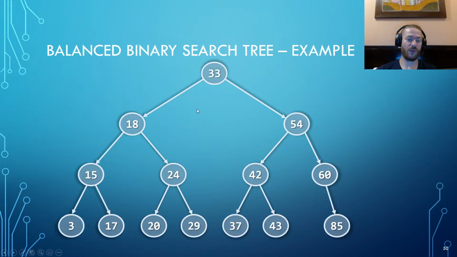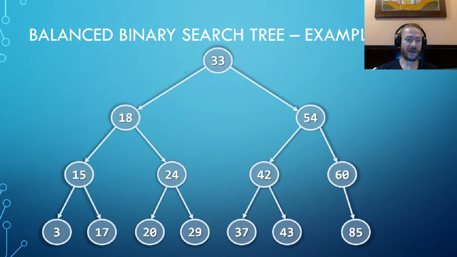Here is an example of a balanced binary search tree. It has all the properties of a binary search tree. All the left values are smaller than the parent. Here it is, here it is. All the right values are bigger than the parent.